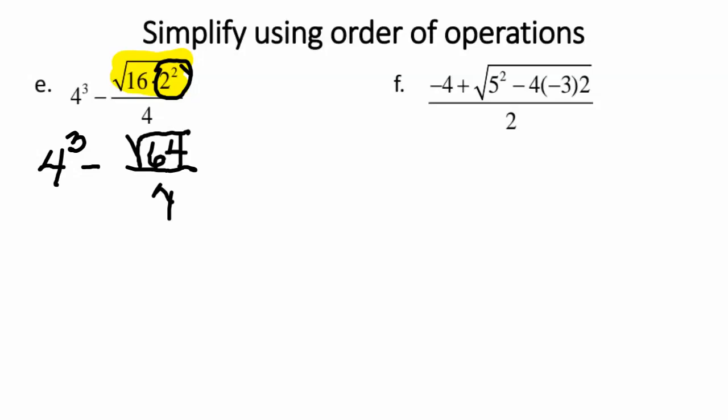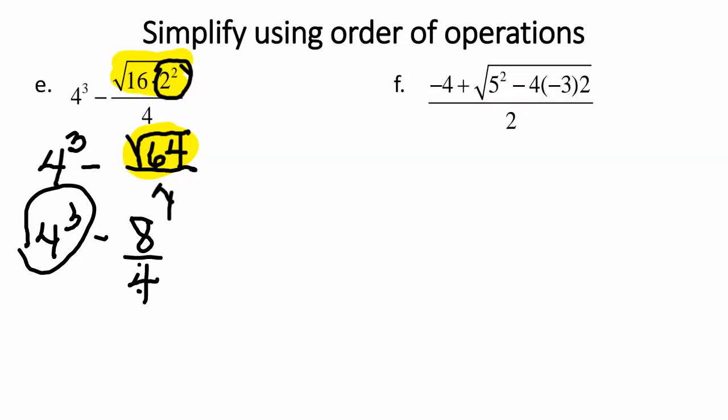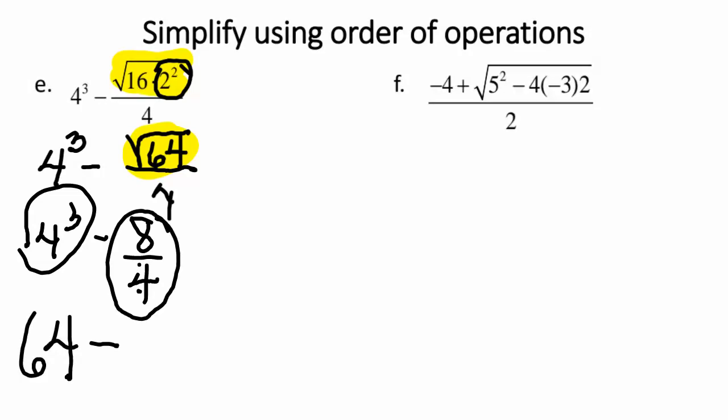Well, what is the square root of 64? Well, this is 4 cubed minus 8 over 4. 4 cubed is 64 because it's 4 times 4 times 4, which is 64, minus 8 divided by 4 is 2, which gives me 62.